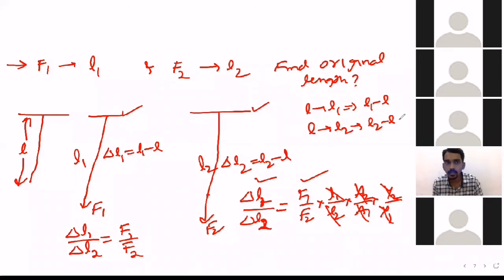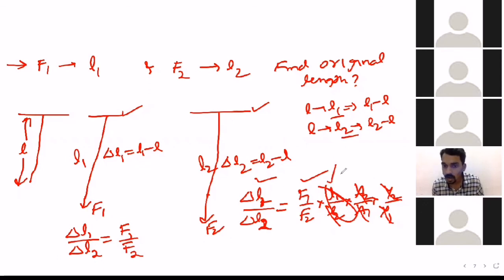Afterwards, I took the ratio delta L1 by delta L2. I cancelled L1 by L2. Why? Please try to understand one thing here. These L1, L2 are not the same as those L1, L2.